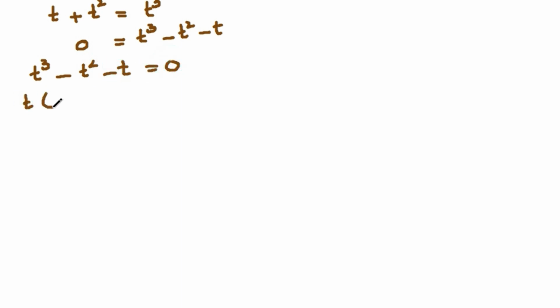Taking t common, t^2 minus t minus 1 is equal to 0.